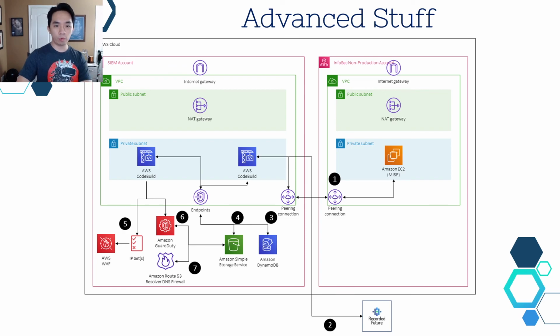The basic idea is that we create our own domain list by pulling domain risk lists from MISP, an open source threat intelligence platform, and also from Recorded Future, the commercial threat intelligence platform. We pull it into a DynamoDB table for deduplication and also for TTL management. Then we scan the table, write a text file into the S3 bucket, and then DNS firewall will pull that text file to create the domain list.